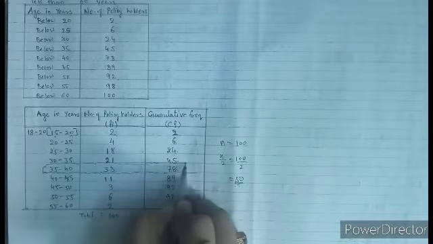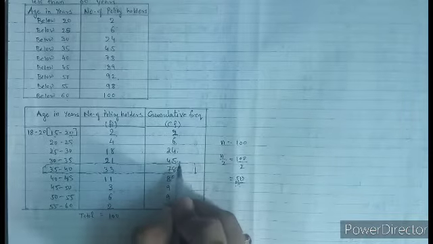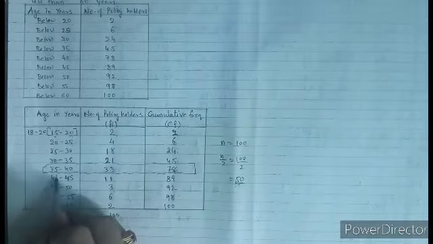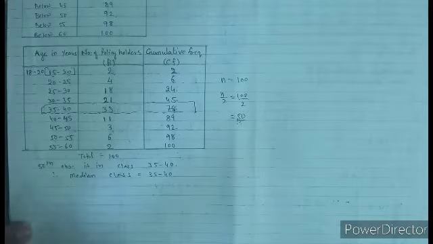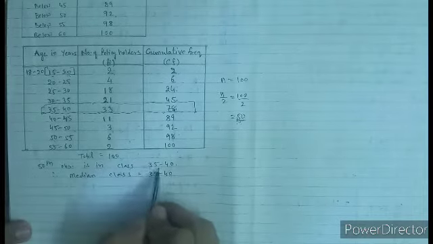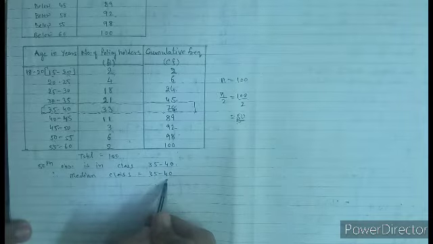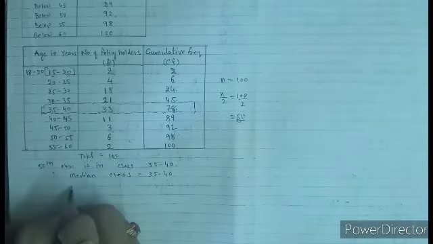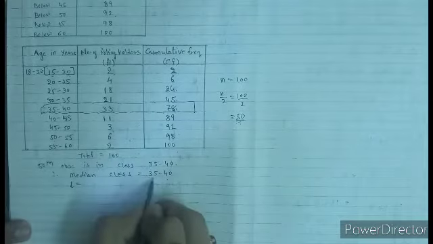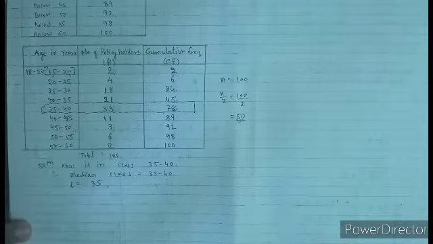We will make a box at this level, as n by 2 is within the range of 46 to 78. Therefore this is our median class. So the 50th observation is in class 35 to 40, therefore the median class is 35 to 40.